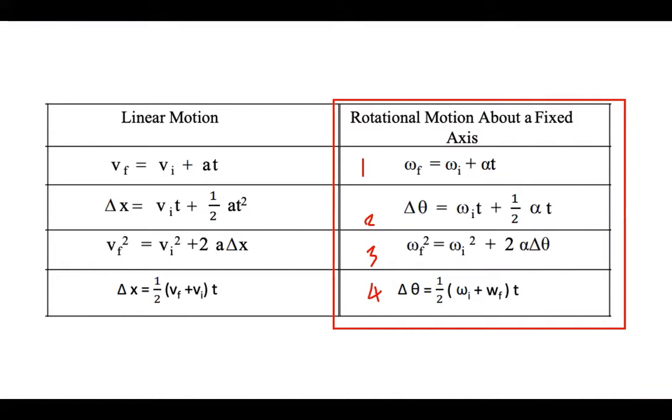For example, omega f and omega i are different things, and alpha is another thing, t is another thing. So here we have four things. It's given three items, and you find the one that's missing.